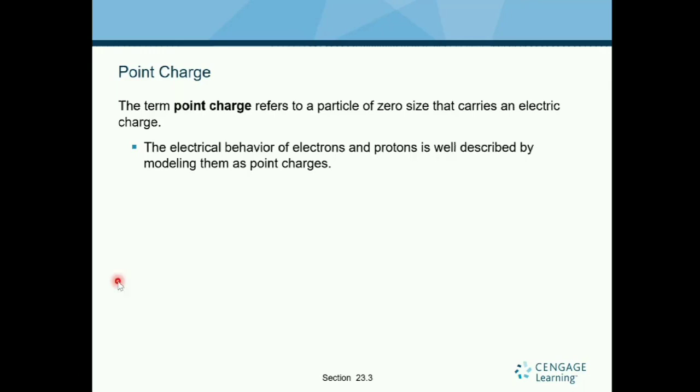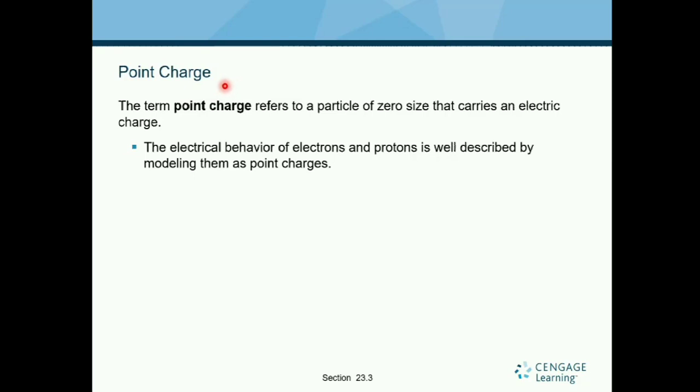What's a point charge? The term point charge refers to a particle of zero size that carries an electric charge. This is ideal, only an ideal situation, because in the real world there's no point charge.